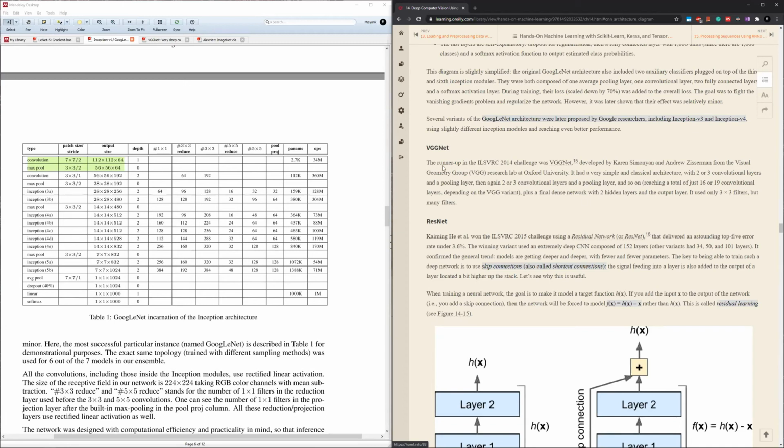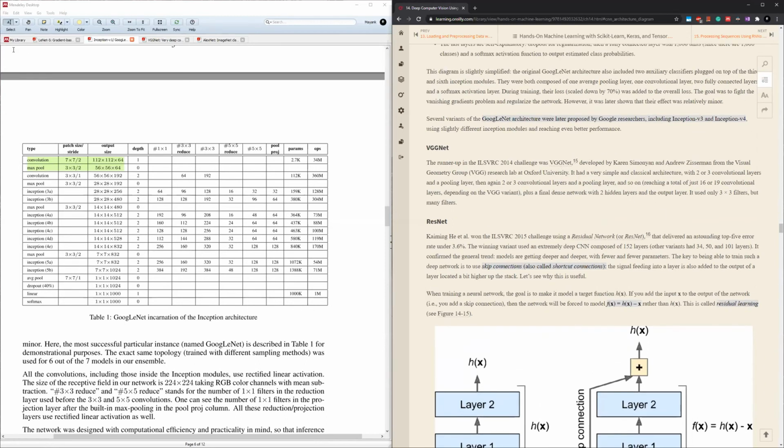Next, we will move on to the VGGNet. This was the runner-up in the ILSVRC challenge. It's a very simple architecture with 2 or 3 convolutional layers and a pooling layer, and then those convolutional layers and pooling layer stacked together, and so on, with just 16 or 19 layers depending on the variant, and the final dense layers with 2 hidden and an output layer, using only 3x3 filters.